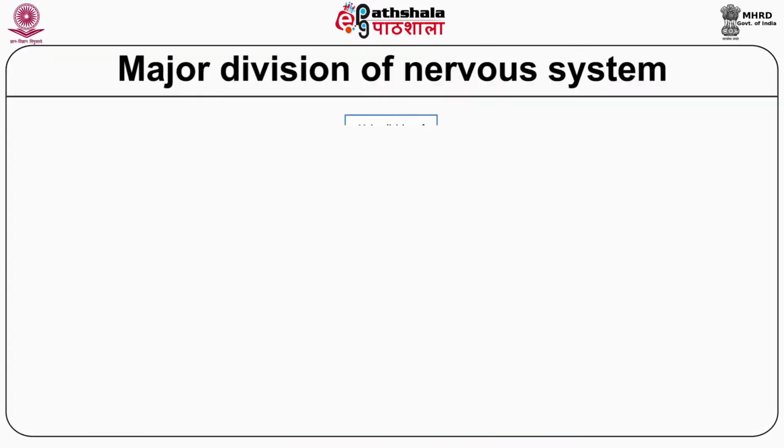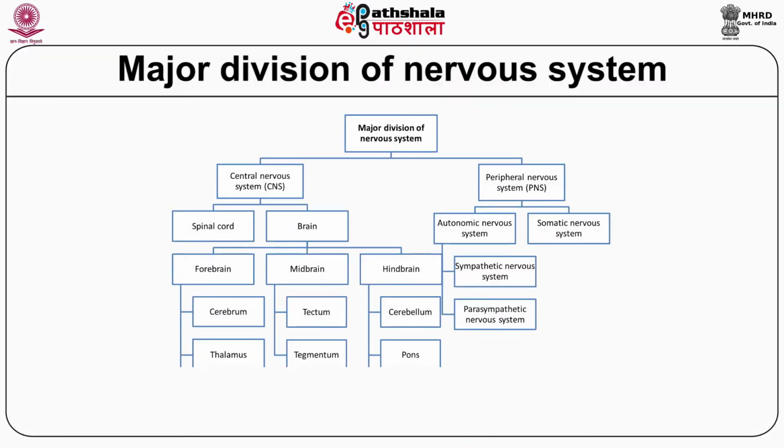In the flow chart, the major divisions of the nervous system are seen: number 1, the central nervous system, and number 2, the peripheral nervous system. We will go into details of both systems, but before that we are just summarizing how the whole system processes information.